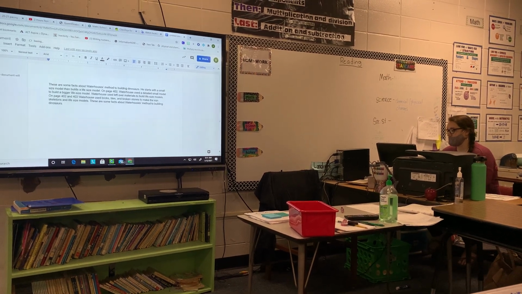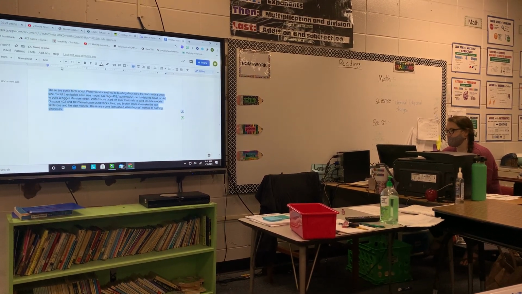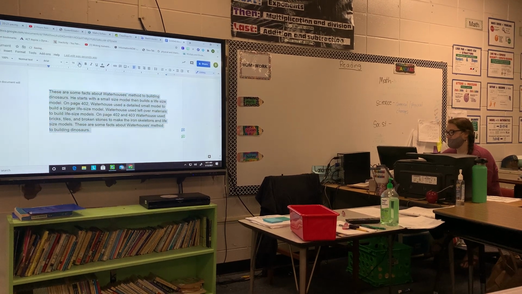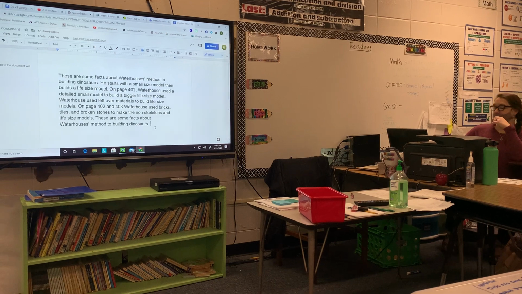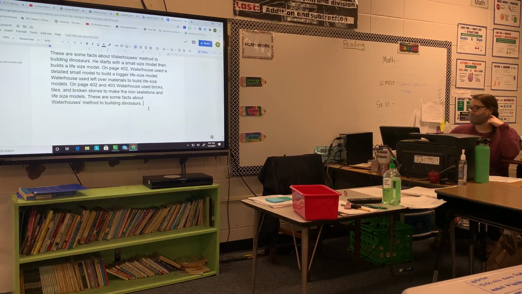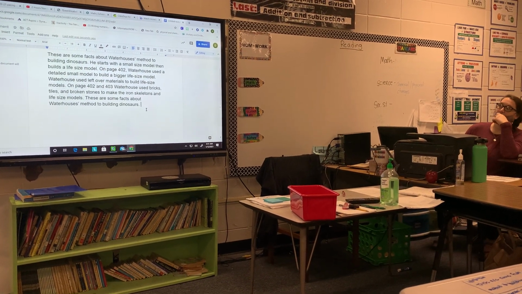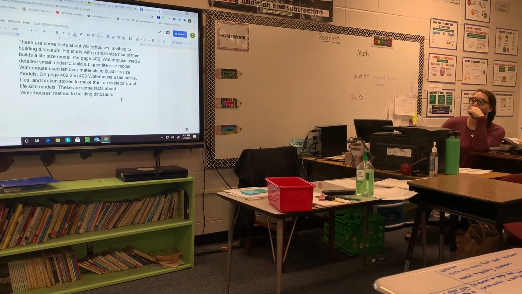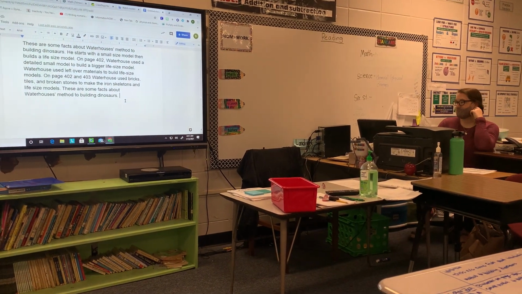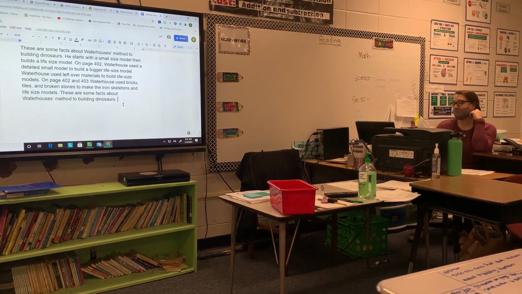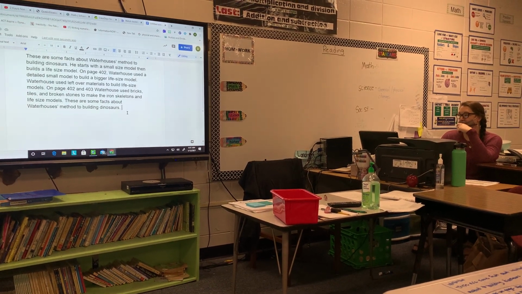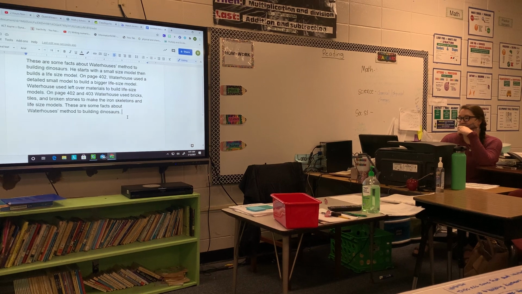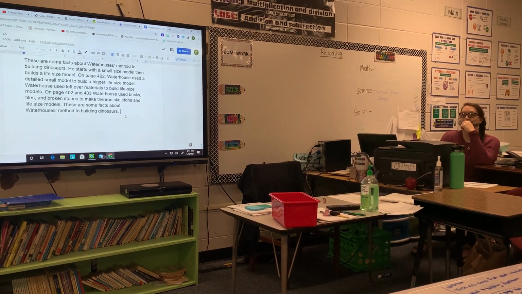Okay, let's make it bigger so that we can read it all together. We're starting at the top. We're all reading together. Can everybody see? Yes. Okay, 1, 2, 3. These are some facts about Waterhouse's method to building dinosaurs. He starts with a small size model, then builds a life size model.